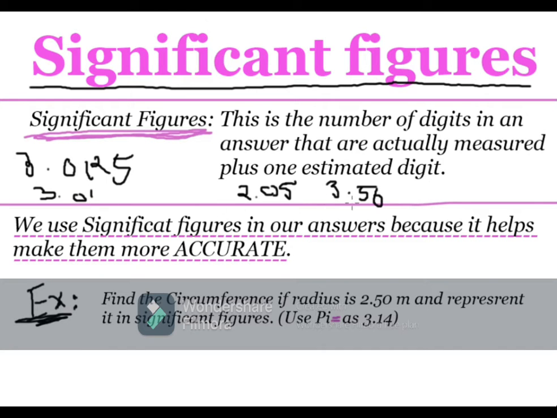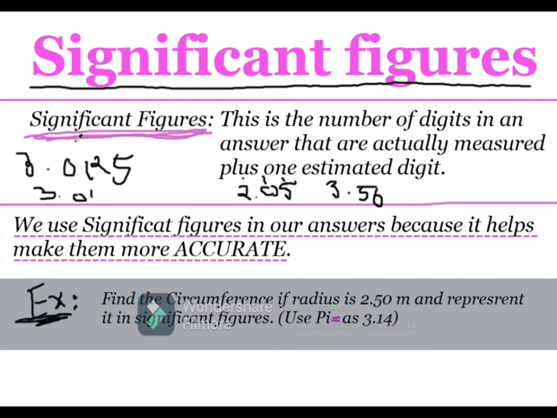Because the inputs in your question only have 3 significant figures, the answer 3.0125 will also have 3 significant figures, which when you round, you get 3.01.